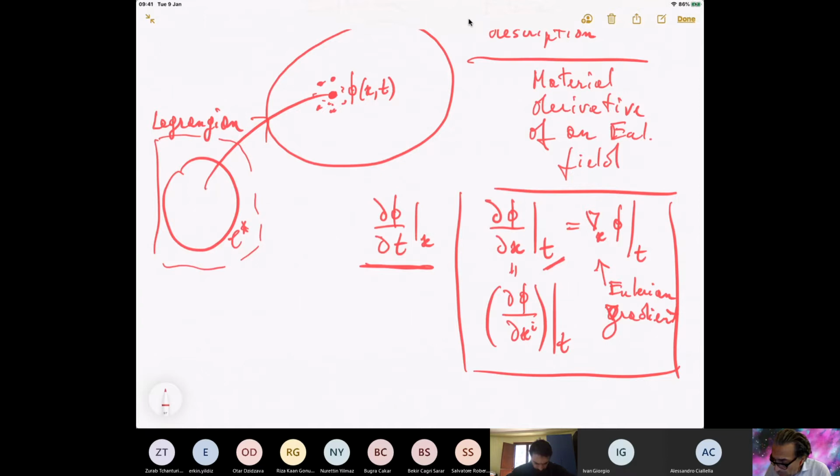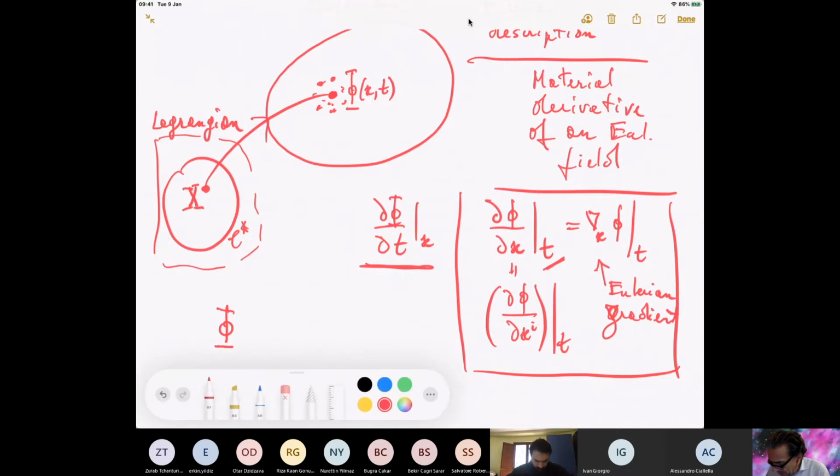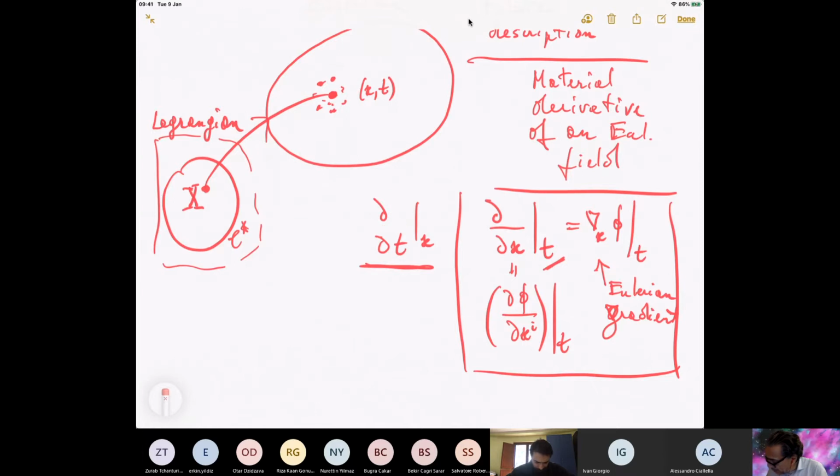And I calculate this partial derivative. Now, we could need to make something else. We could need to consider phi. Maybe it is better if I use small phi as it is Eulerian, so I try to keep the notation.